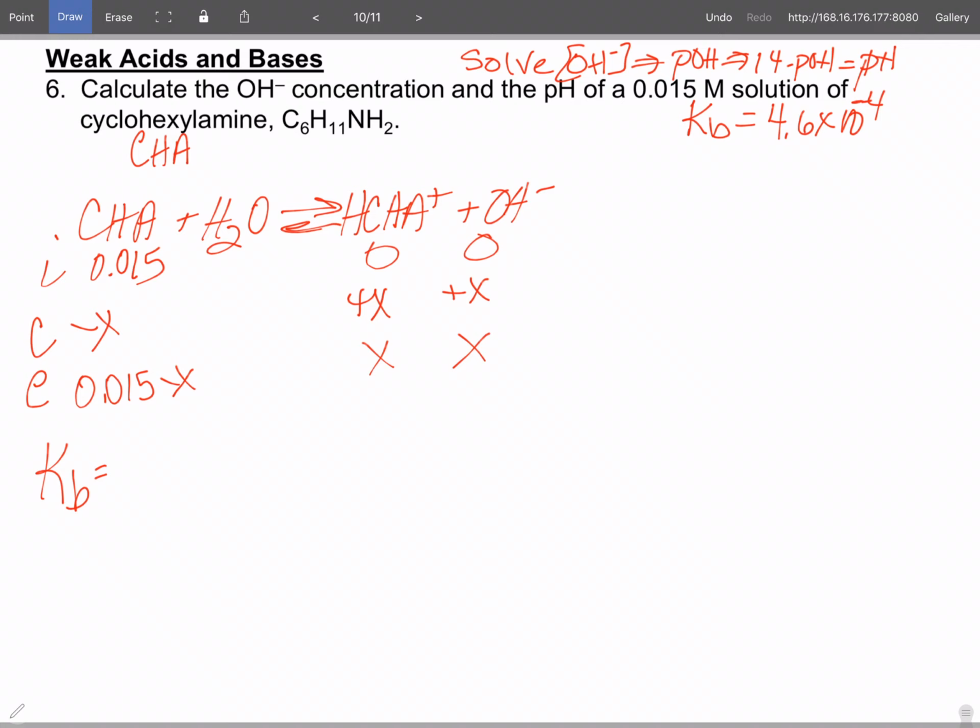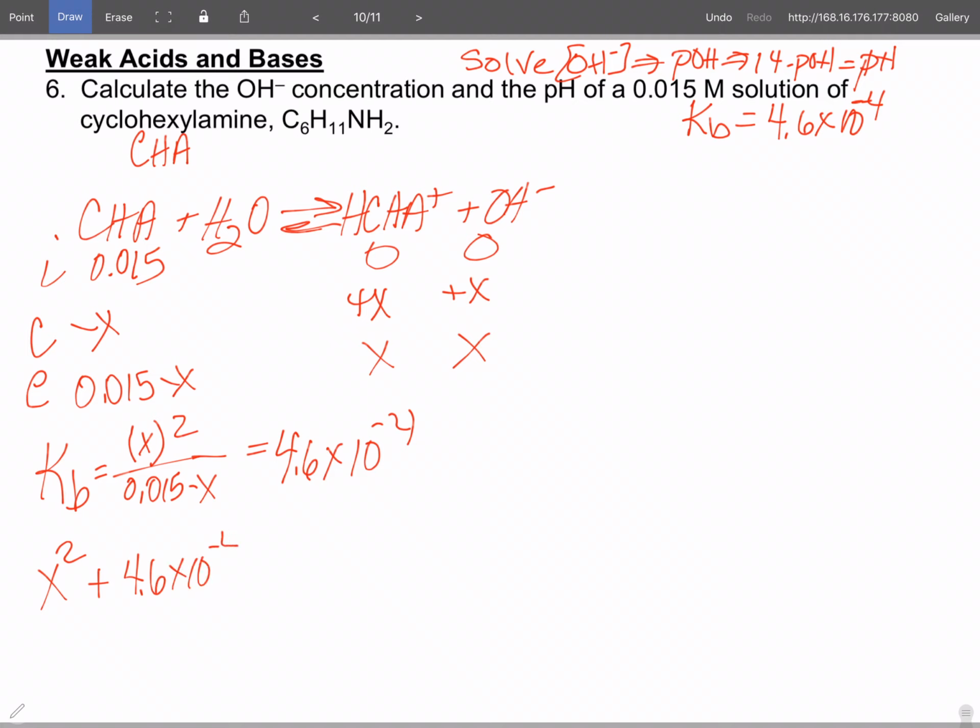Okay, so it's going to be X squared divided by 0.015 minus X is equal to 4.6 times 10 to the minus 4th. We will distribute and get X squared plus 4.6 times 10 to the minus 4th X minus 6.9 times 10 to the minus 6 is equal to 0.